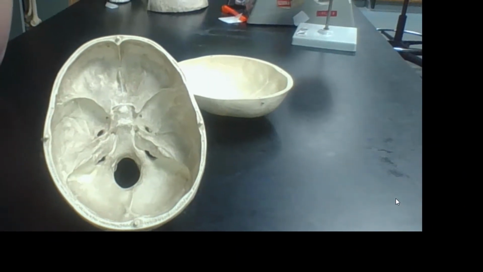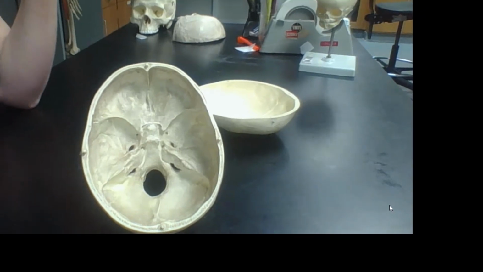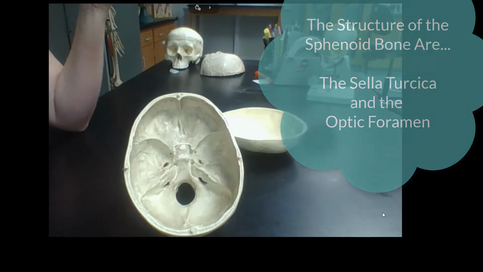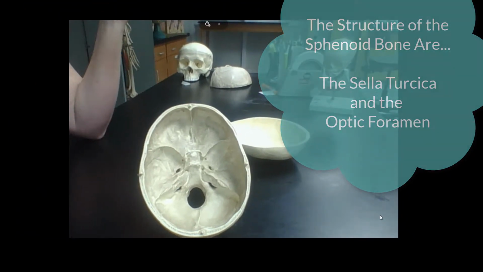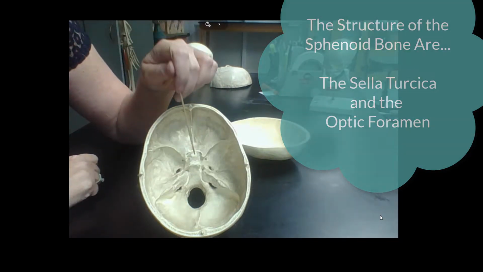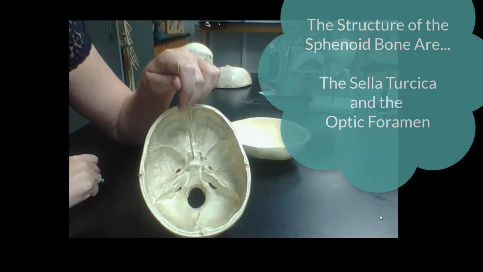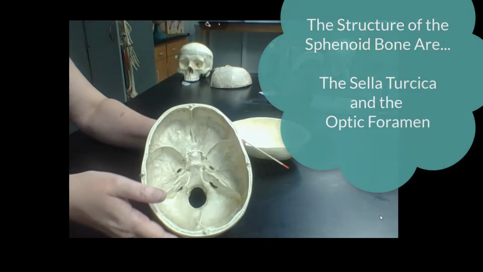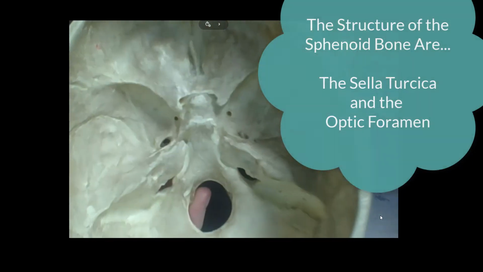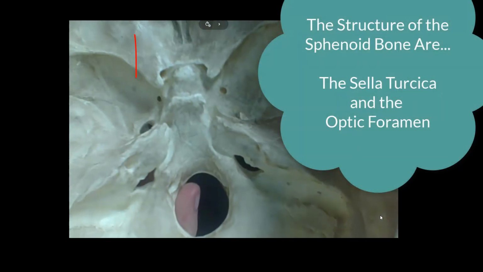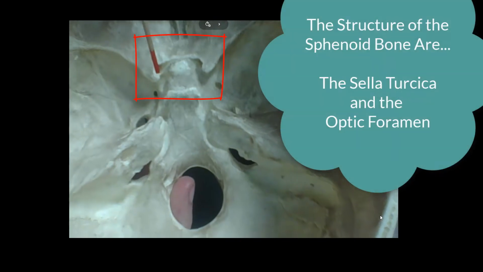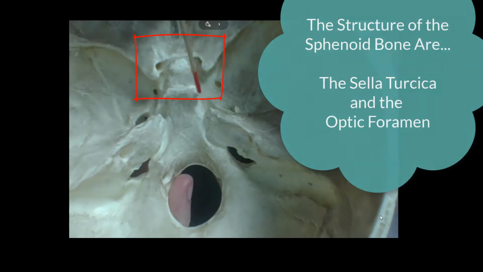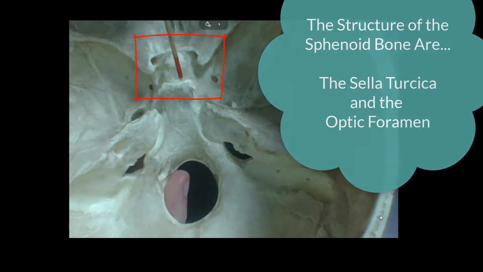Okay, there are a couple of structures that are part of the sphenoid bone that you need to know. The first one is if you go right in the middle of the happy face, there is actually a little chamber right here. Let me see if I can give you guys a close-up there. Okay, so if you could imagine this is an eye, and that's an eye, and this is a little smiley face.